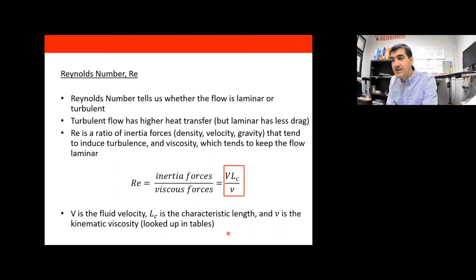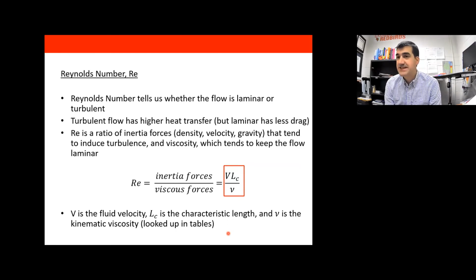So if you want to transfer as much heat as possible through that radiator, let's say from the oil or the water flowing through the radiator to the air flowing through the radiator, then you actually want turbulent flow, because you want to transfer as much heat as you possibly can. All right, so that's where we can think about when different values of Reynolds number might be beneficial. It depends on what you're trying to accomplish.